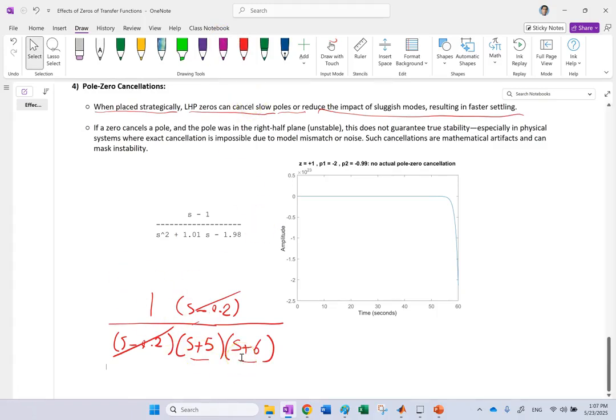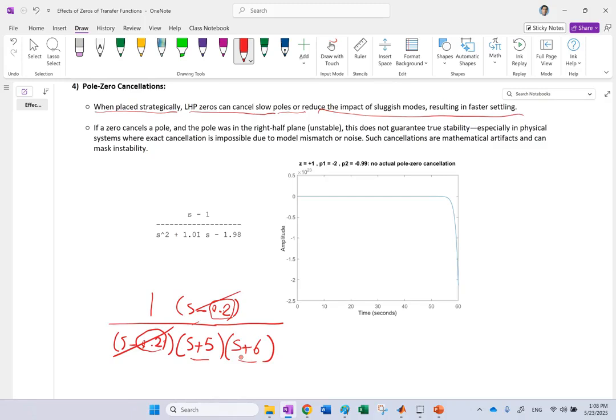The only problem is that cancellation happens if and only if these two numbers are exactly, perfectly equal. But many times in a physical system, these numbers do depend on the system parameters. For instance, if it's a mass-spring-damper system, these numbers could depend on the mass or spring or damper or their products or anything.